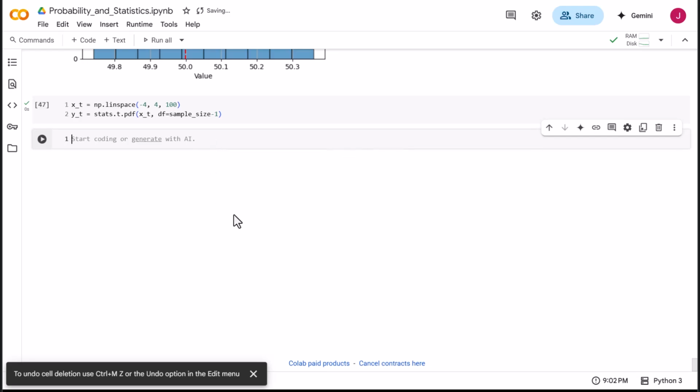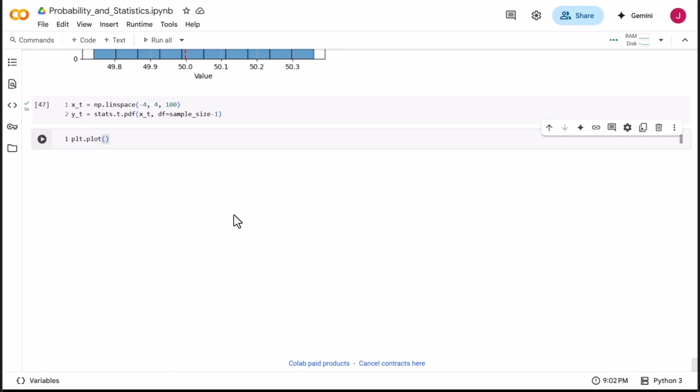So then in here, we can plot the t-distribution. So plt.plot, and in here, we're gonna pass x values, t values, and label t-distribution. Also here, we can add, for example, df, which is equal to sample size minus 1, right?